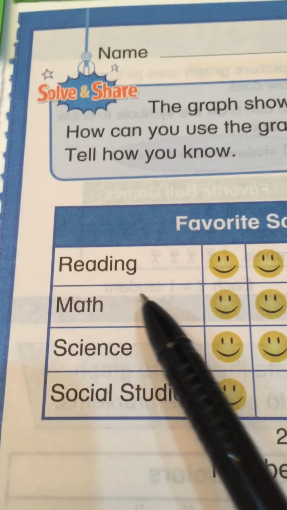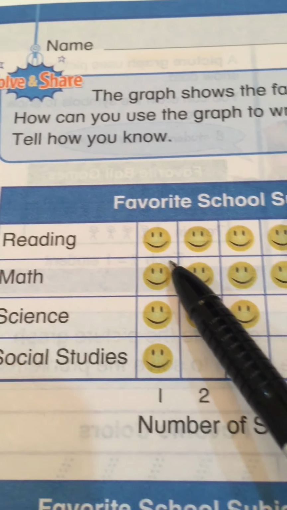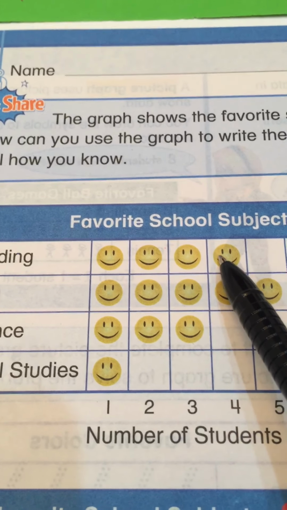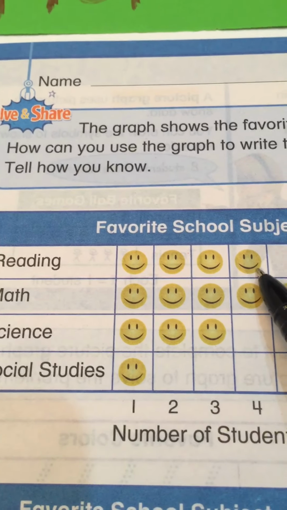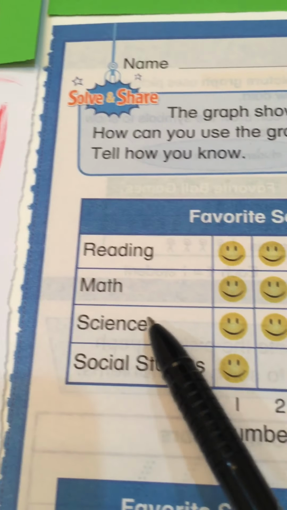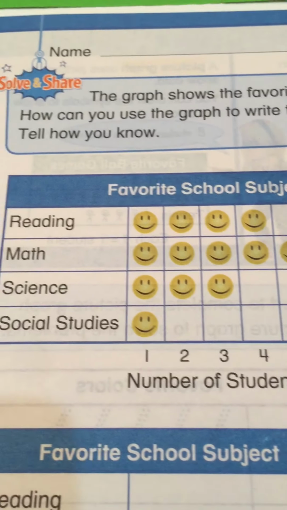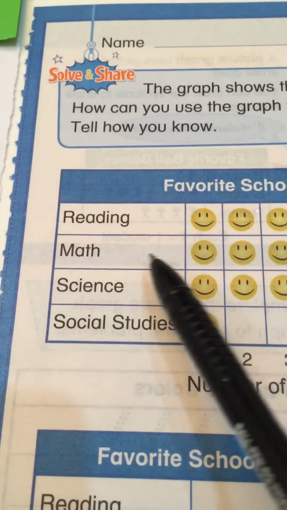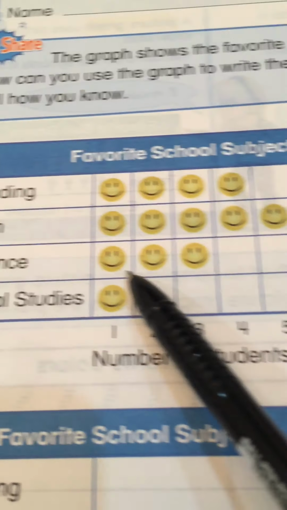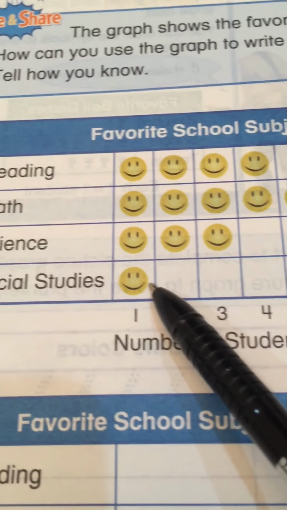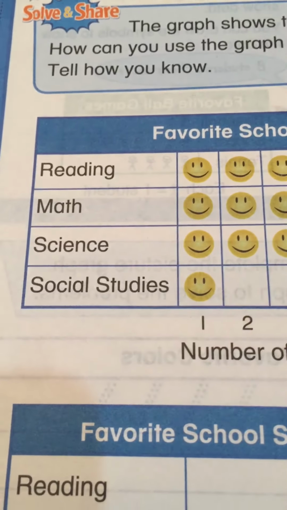So if you look at reading, how many are there? Count with me: 1, 2, 3, 4 smiley faces. That means 4 students. Math: 1, 2, 3, 4, 5, 6. That means 6 students love math, and 3 students like science, and 1 student likes social studies.